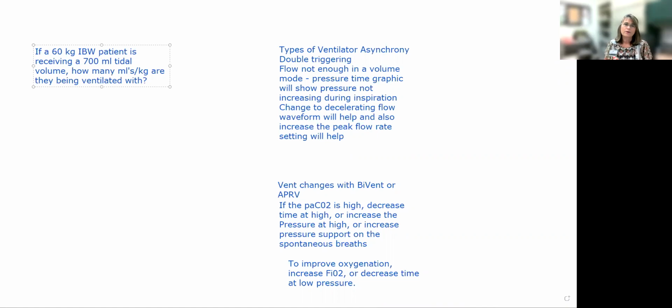So if a 60 kilogram ideal body weight patient is receiving a 700 ml tidal volume, how many mLs per kilogram are they being ventilated with? Here I gave you the ideal body weight, but if I were to give you the height, you have to know how to convert their height into their ideal body weight. So here, all you have to do is take the tidal volume, 700 ml, divide by their ideal body weight, 60 kilograms, and that'll give you the mLs per kilogram.